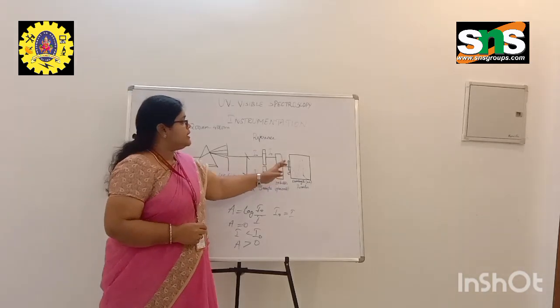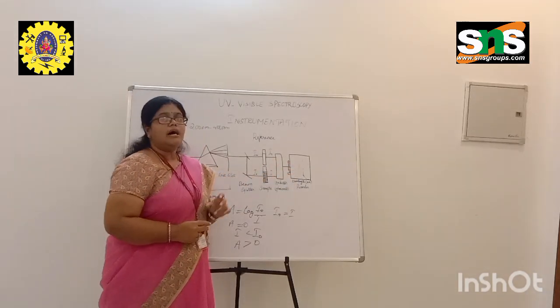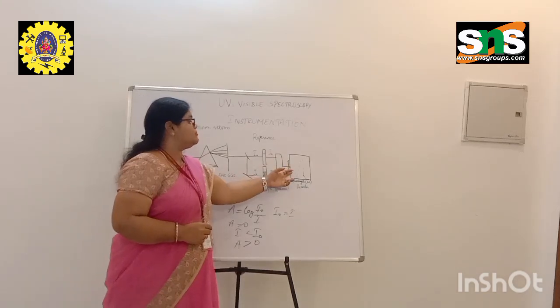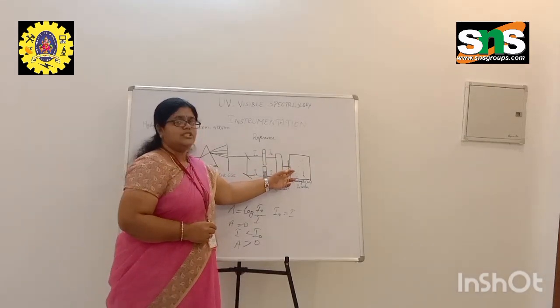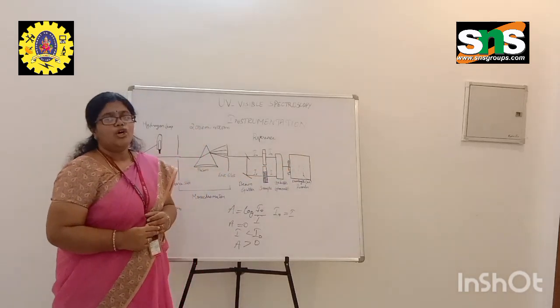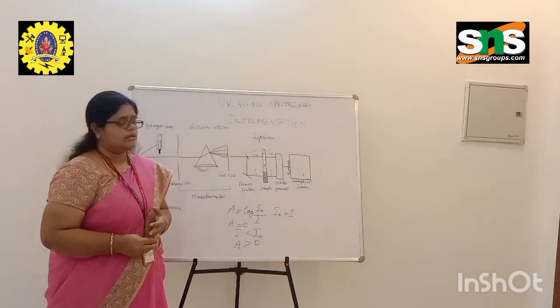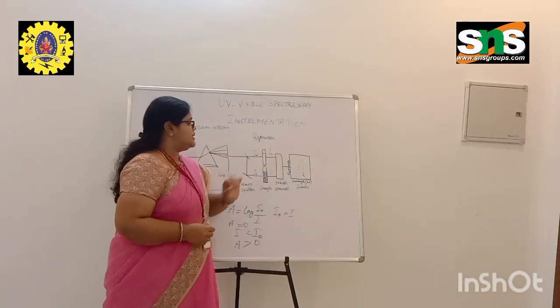The recorder gives you the intensity of light, that is the absorbance value. If the intensity of light coming out is very high, you have a high peak, and if it is very low, you have a low peak, and if there is no absorbance, then you don't have any peaks.